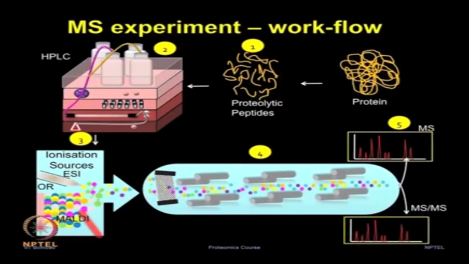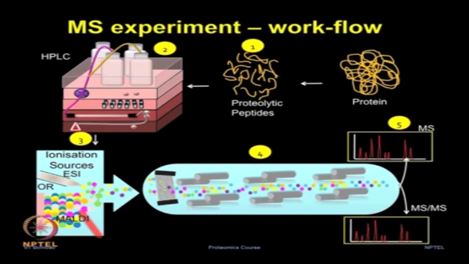So, as you can see in the slide, in the MS experiment workflow there are multiple steps involved. I have numbered those from 1 to 5. Protein samples are digested using trypsin and peptide mixtures are fractionated using liquid chromatography or LC.